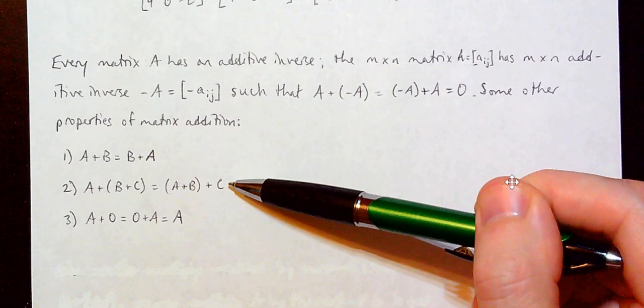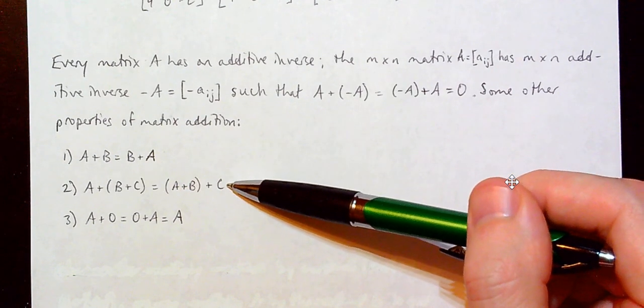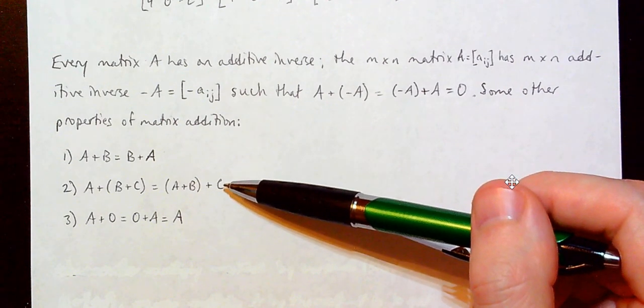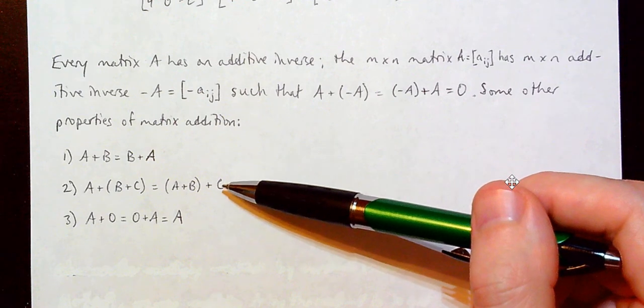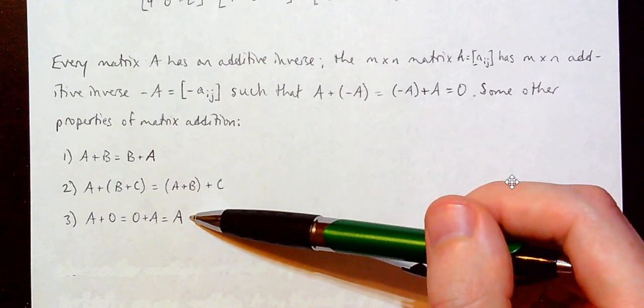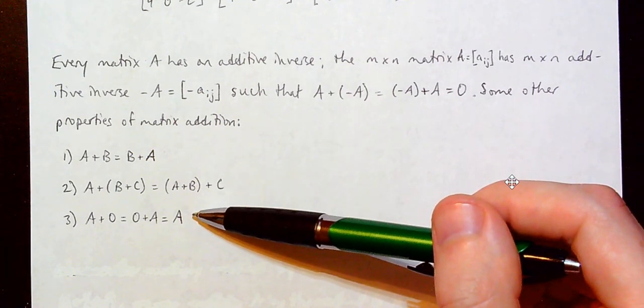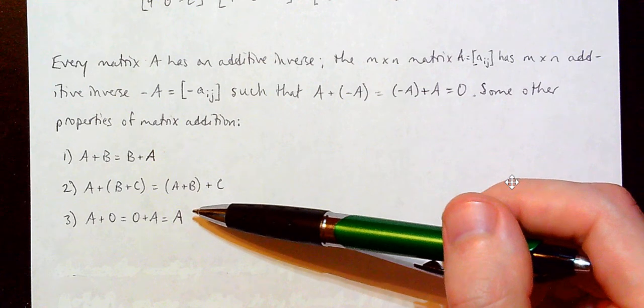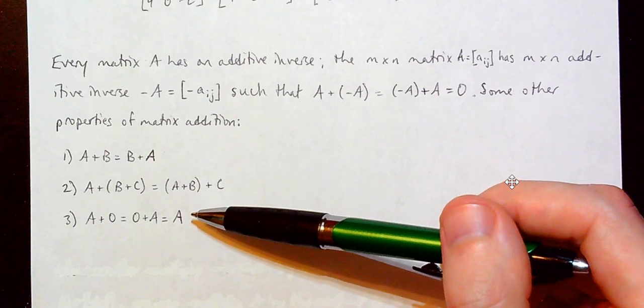If we're taking the sum of 3 separate matrices, whatever 2 matrices we add first, it doesn't matter. We're still going to get the same result in the end. And the third one here, if you take any matrix and you add the 0 matrix onto it, you're still going to get the same matrix that you had to start with.